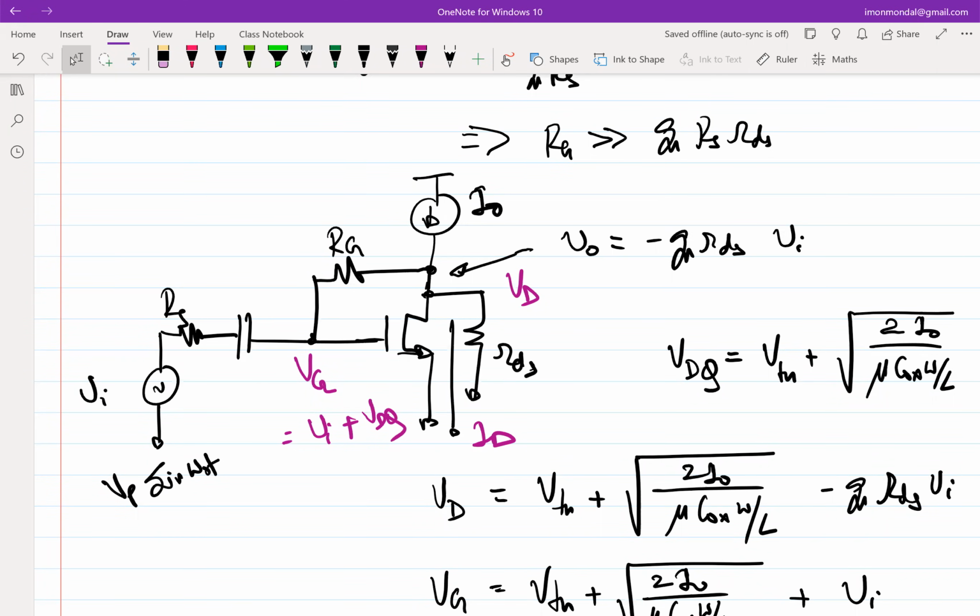If the threshold voltage has increased by 50 millivolts, VG will also increase by 50 millivolts, thereby keeping the overdrive constant. So that's why your GM is not changing. But if you bias it with a constant voltage, then if threshold voltage changes, that directly appears as if the input has changed, so your GM will change. Okay, so that's essentially the crux of it.